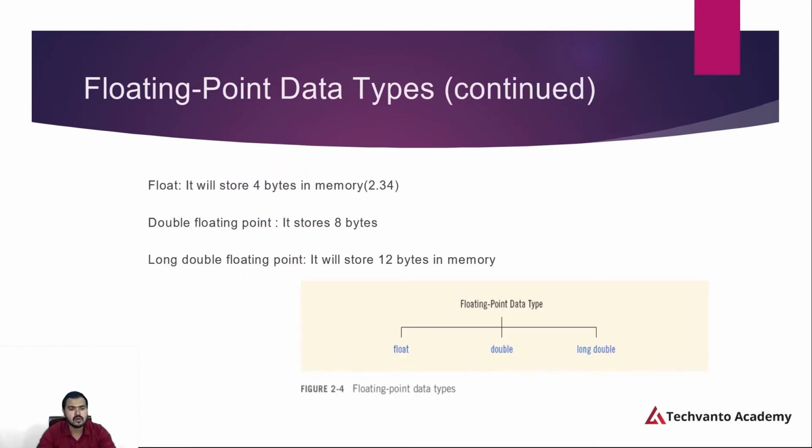Now we will look at the floating point data types as well. There are three kinds of data types in floating point: one is float, another is double floating point, and another is long double floating point. The float data type will store 4 bytes in memory, while double floating point stores 8 bytes in memory, while the long double floating point will store 12 bytes in memory.